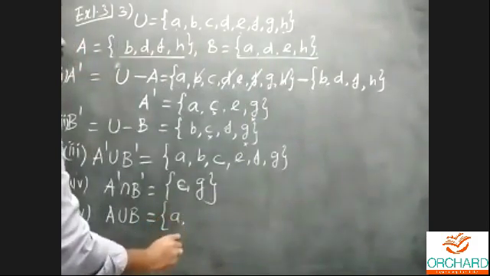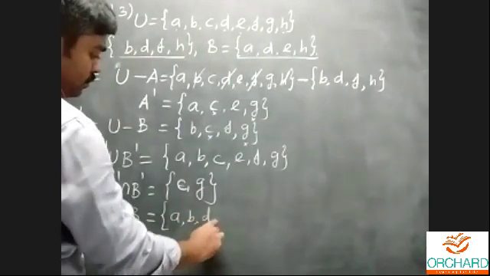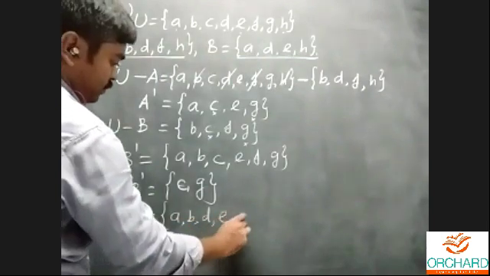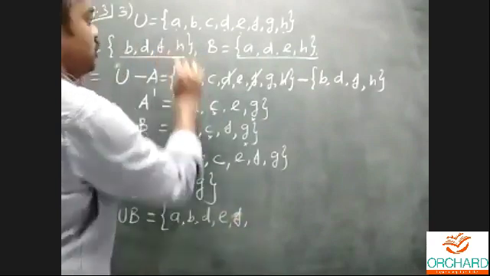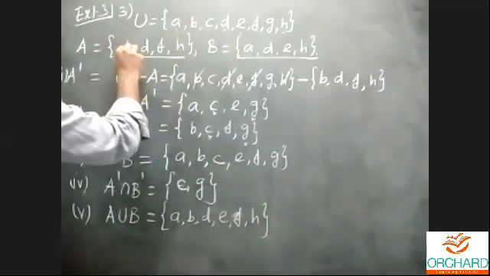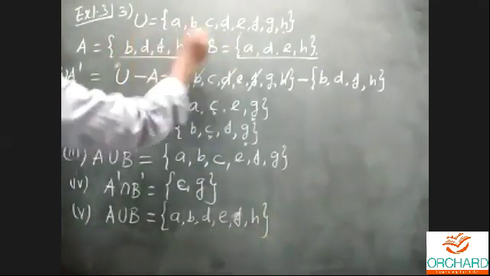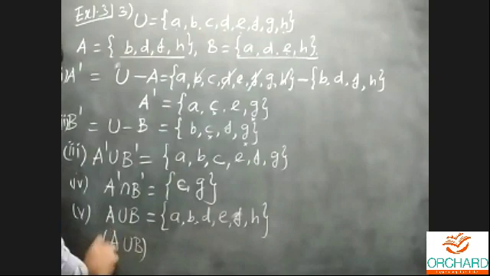A, B, D, E, F, H. Okay, (A union B)'. What does (A union B)' mean now?